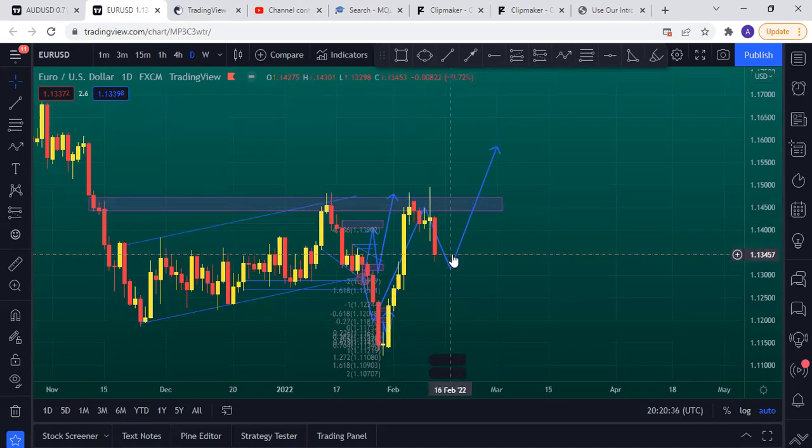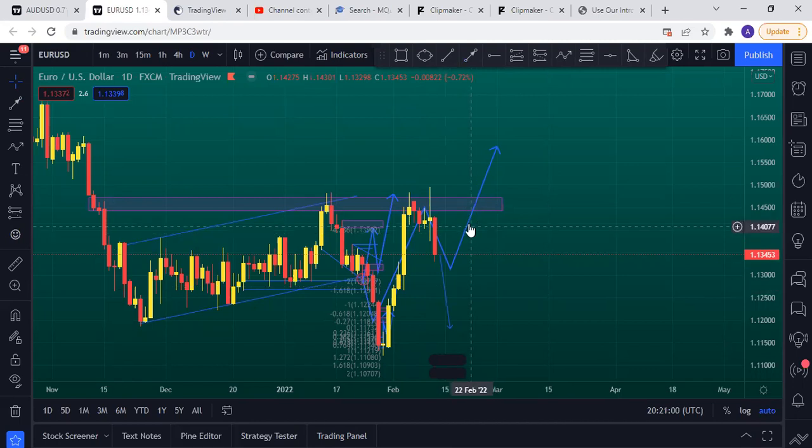Let me delete some of them. So currently we are at a really interesting zone. Like I said, Euro is currently bearish, yes. And then the dollar is quite bullish. So we might be seeing some further continuation of this bearish momentum up to probably somewhere around that area.